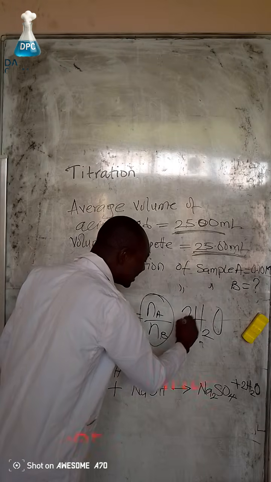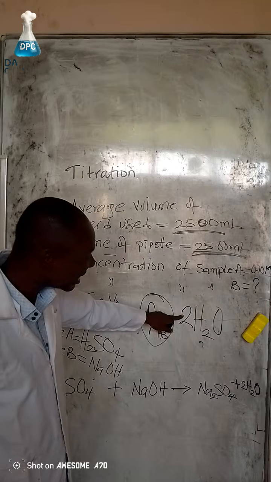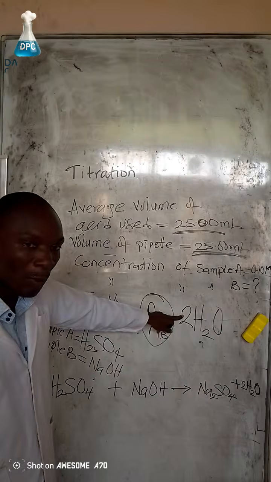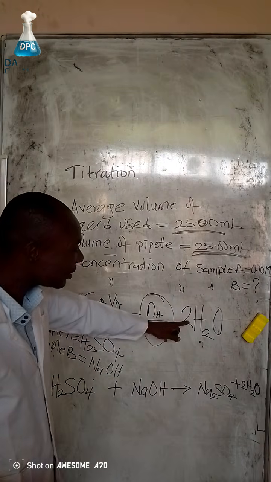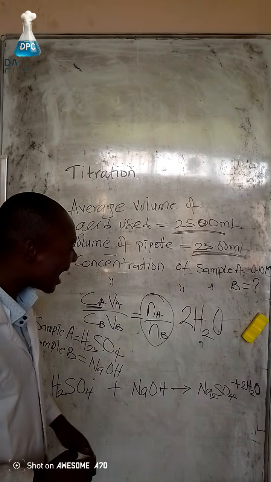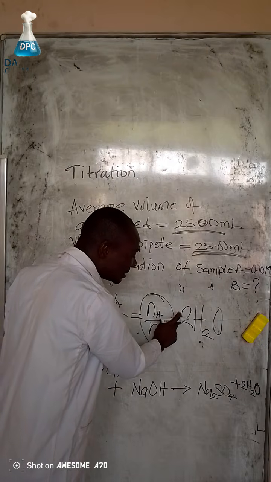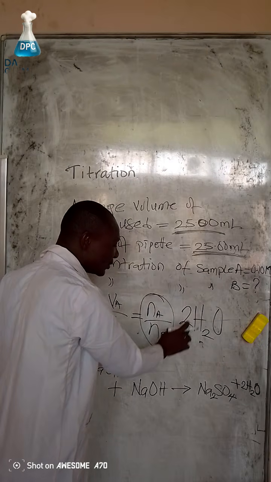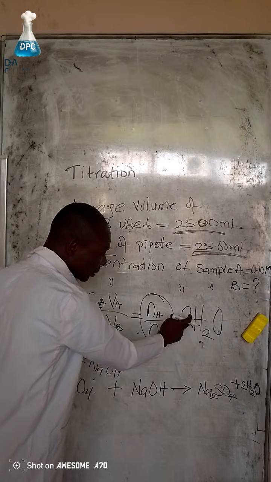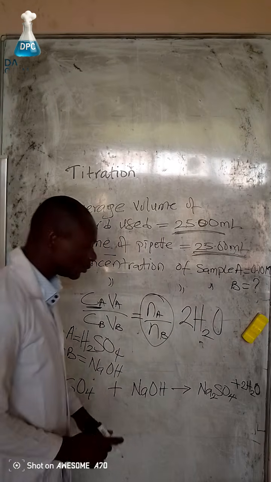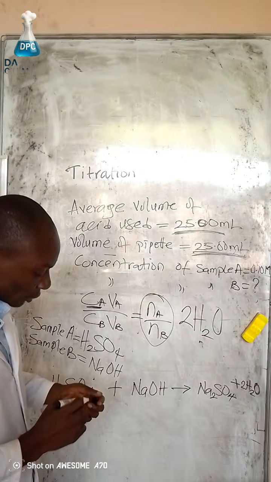But if you have an integer in front of the compound, it affects the whole compound. All the elements in the compound are affected. So this is 2 times 2, giving 4 hydrogen, while this is just 2 oxygen. Take note of that whenever you are balancing a chemical equation.